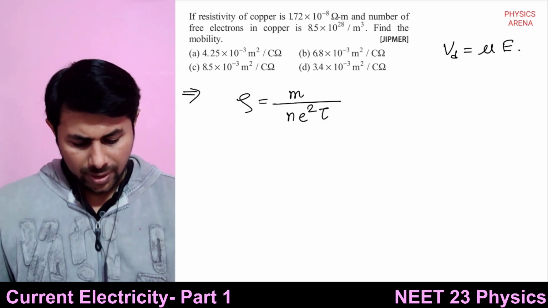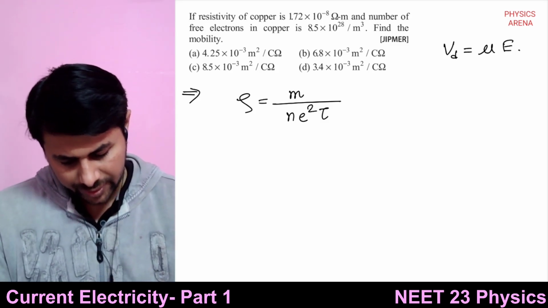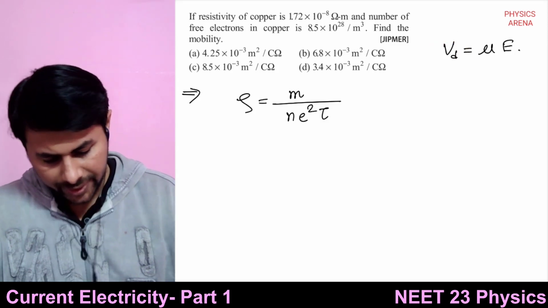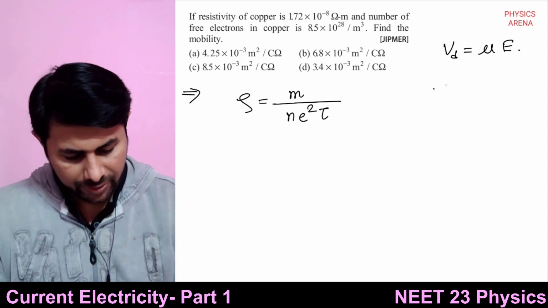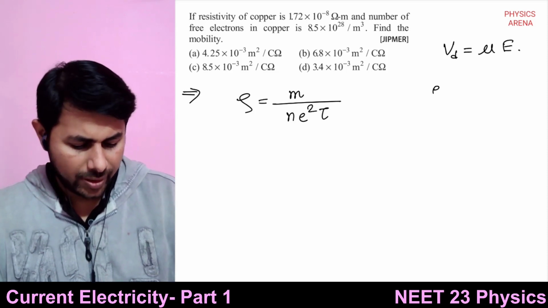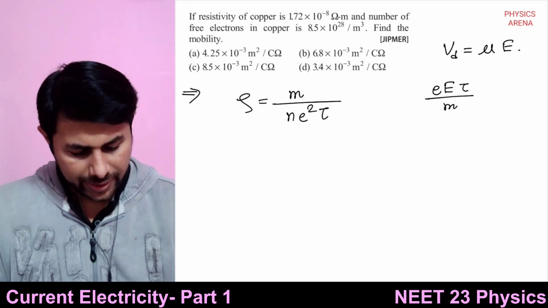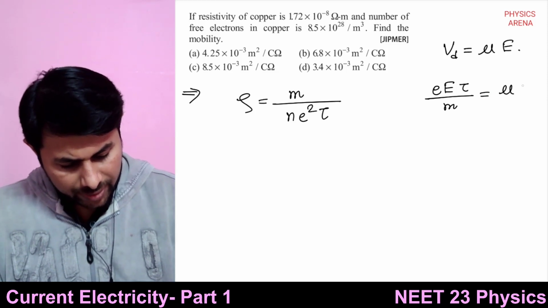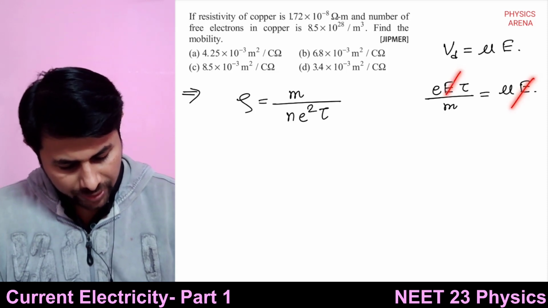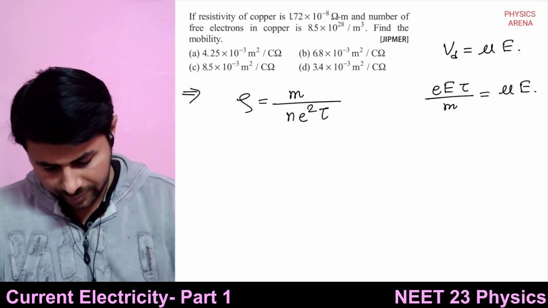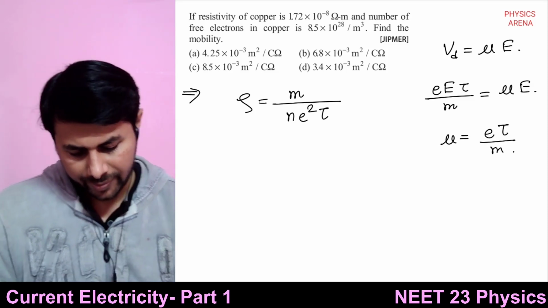Drift velocity is also given by E multiplied by tau upon m, times the field E. It is mu times E. So if you cancel out E, you get mobility. Mobility equals E times tau divided by m.